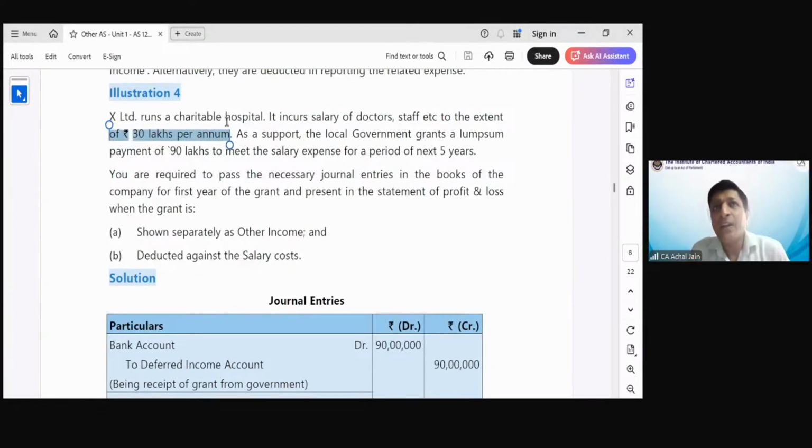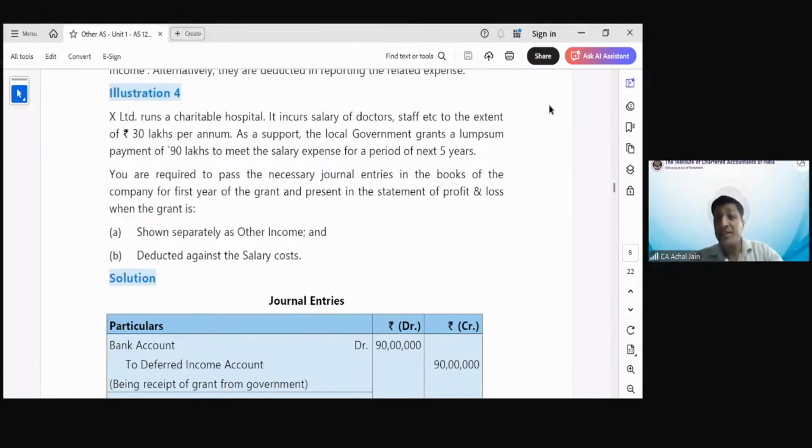The moment we get to know that it's a question related to government grant, as you rightly answered, you will only be looking at the accounting entries of government grant. So your accounting entries are absolutely correct. But the question is also requiring something more to be recorded. This cost will have to be recorded or not, because you are required to pass the entries in the books of the company.